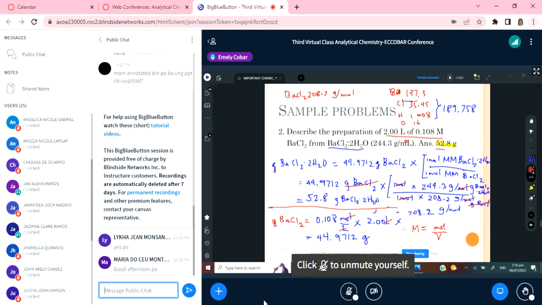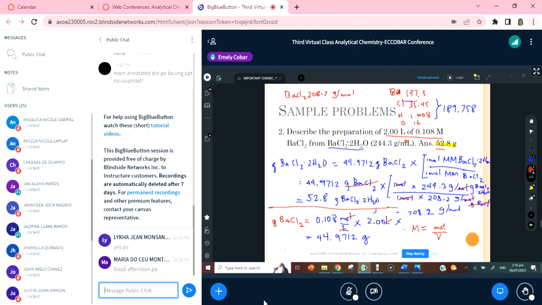Then, you multiply with the molar mass, you'll get the mass in grams. Di ba? Okay. Kaya dito, grams barium chloride na you need to prepare this. How many grams of barium chloride do you need to prepare 2.00 liter of 0.108 M? Ito yon. Okay. Molarity, 0.108 mole per liter times the volume, 2.0 liter.